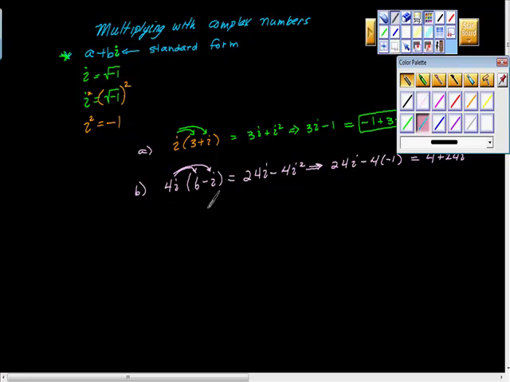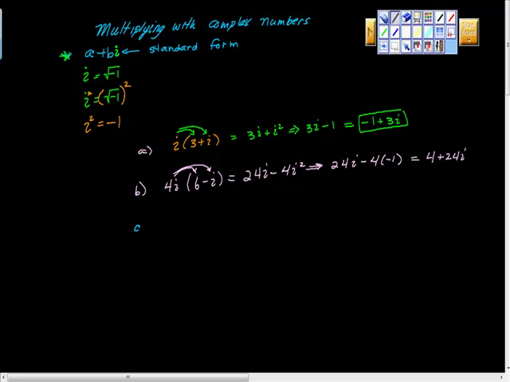Okay. So the next question, question C: -10i times 4 plus 7i. Again, same as any other problem. We distribute our multiplication over our addition, and -10i times 4 is equal to exactly -40i minus -70i squared.